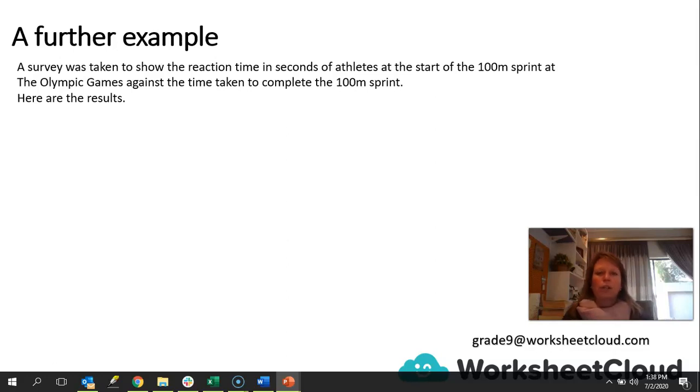So just before I show you the results, as you can see, what they've done is they've recorded the start of the sprint, like the taking off and how fast that was in seconds, and then how quick it was to complete the whole race, also in seconds, for the whole 100-meter sprint. And to see if an athlete starts very quickly, will their time be quick as well, or do they slow down? But let's have a look at the results.